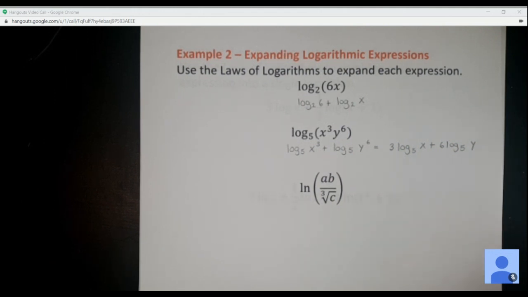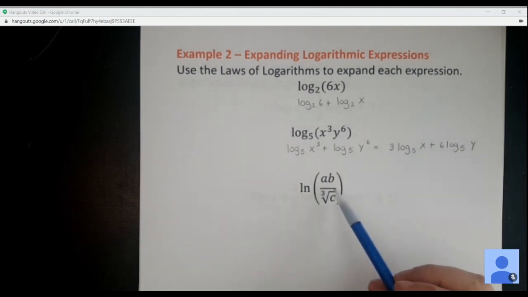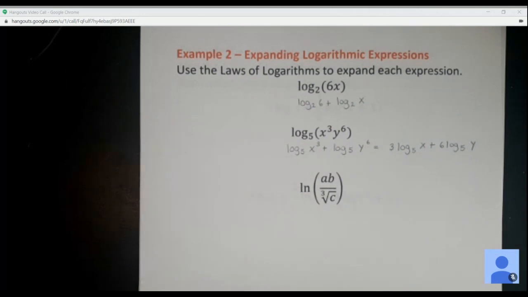All right, so let's take a look at this last one here. So we got natural log a times b divided by the cube root of c. All right, so what do you think we want to do first here?